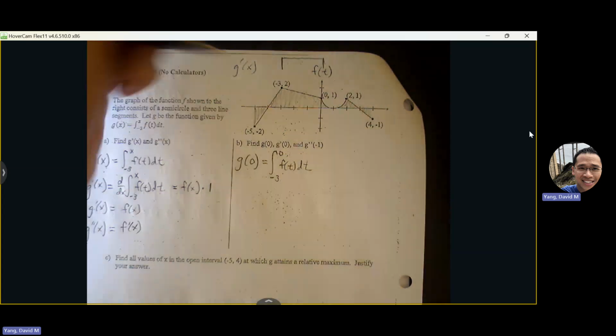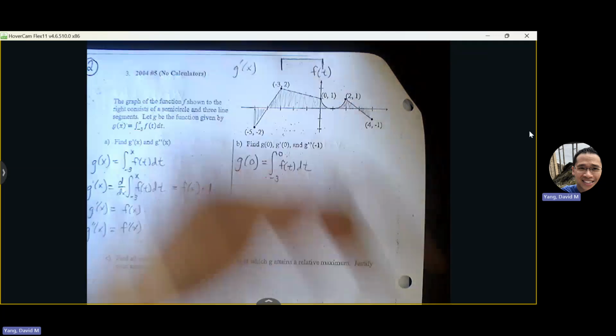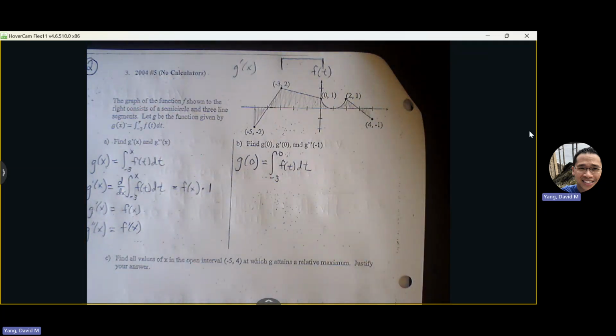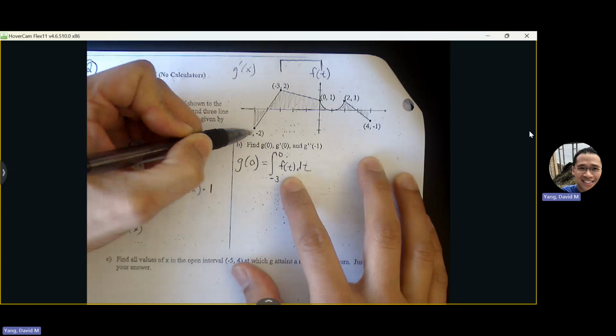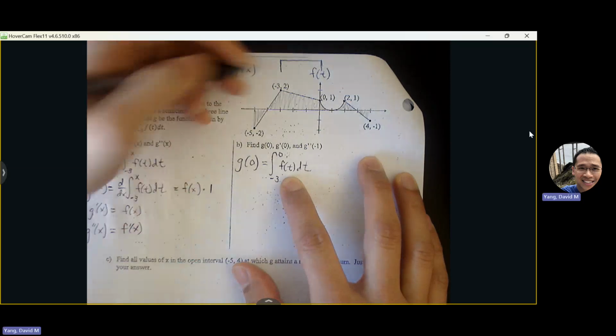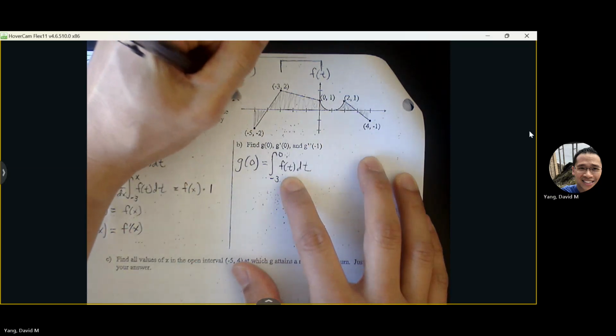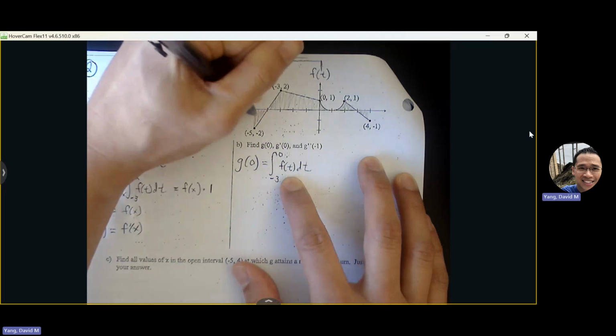We're going to actually need all of these regions down the road, so I'm going to go ahead and find the areas of each, and keep in mind that this is displacement. Above the x-axis is positive, below the x-axis is negative. So here, this is a triangle, 1/2 base times height, 1/2 times 1 times -2, which is -1.